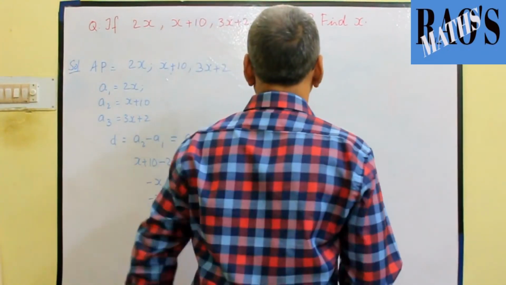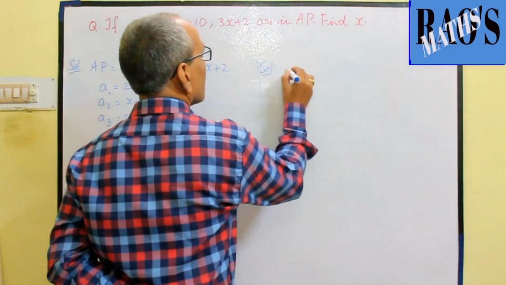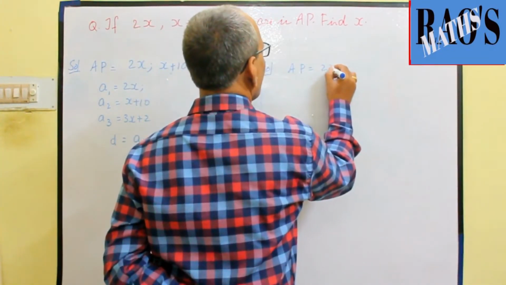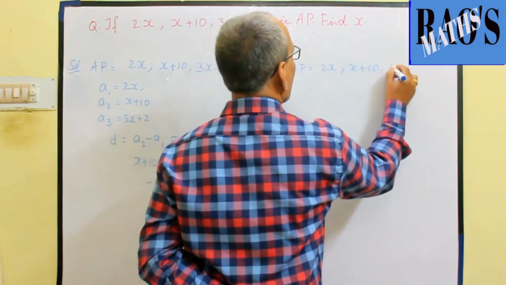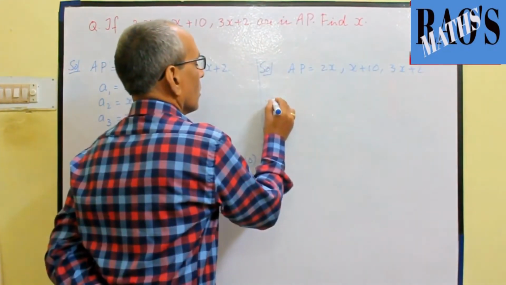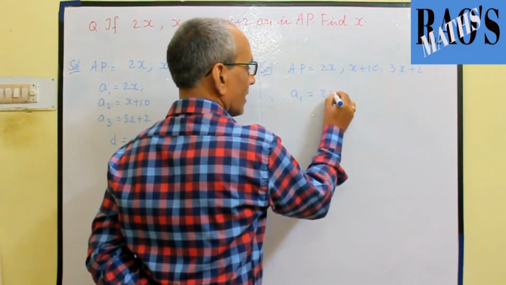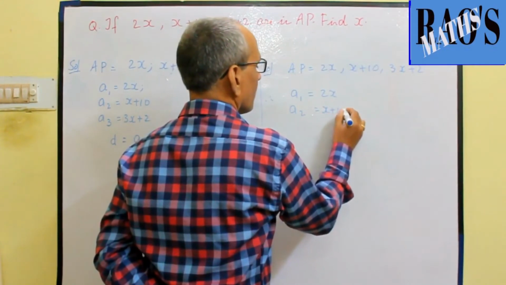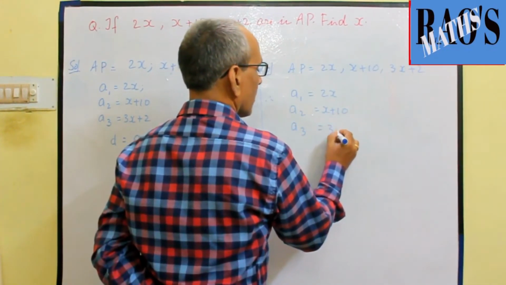Now the main concept. Solution. The AP is the same, we copy, that is 2x, x plus 10 and 3x plus 2. So a1, we have to define, the first term is 2x, the second term is x plus 10 and the third term is 3x plus 2.